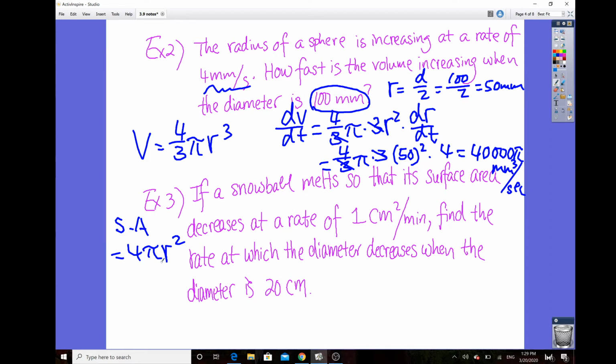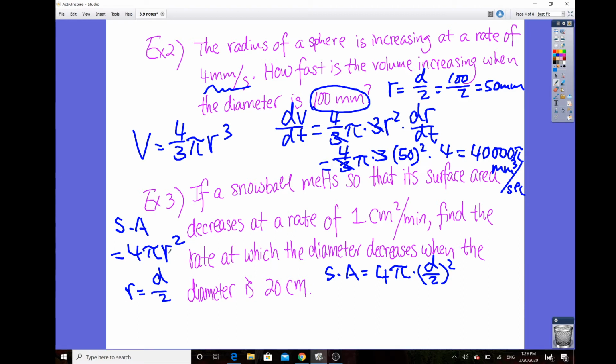We're going to use this formula to find the rate of change of the diameter. For those of you wondering, there's no diameter here, but we can always set up an auxiliary equation. Radius is d over 2. So instead of using the radius for the surface area, we want to rewrite the surface area in terms of the diameter. That would be 4 pi times d over 2, quantity squared.